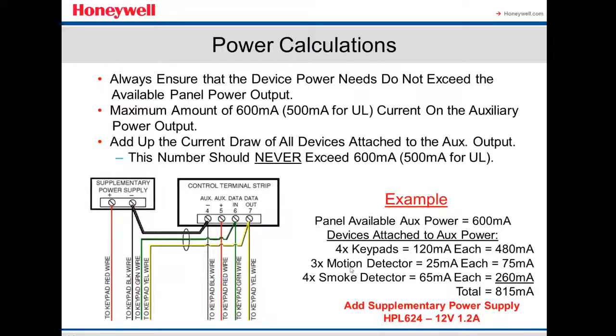Then if you add, for example, 3 motion detectors, you add another 75, and if you add 4 smoke detectors, you're using another 260 milliamperes, totaling 815 milliamperes. You already went over the 600 milliamperes, so the panel is going to give you a lot of trouble, a lot of errors, a lot of miscommands, etc. That's why in this case you have to add a supplementary power supply.